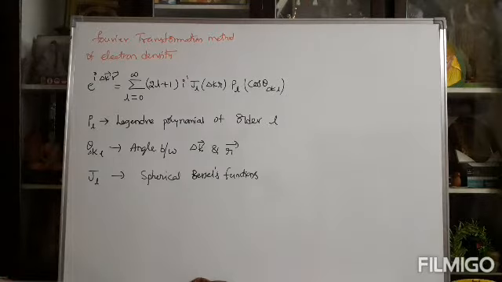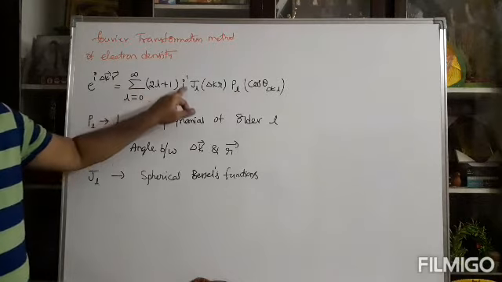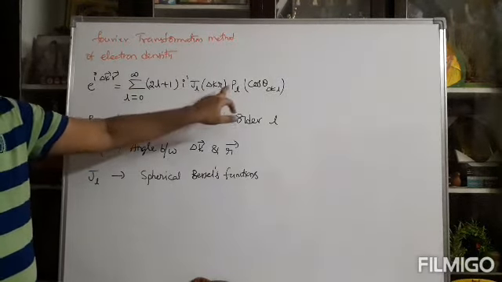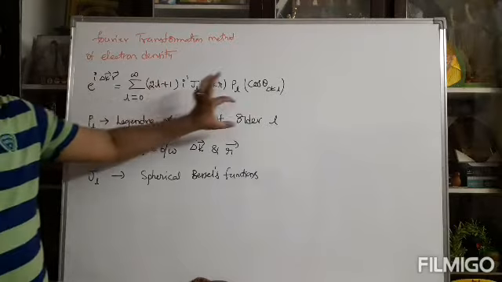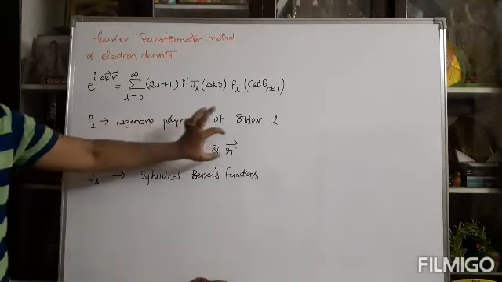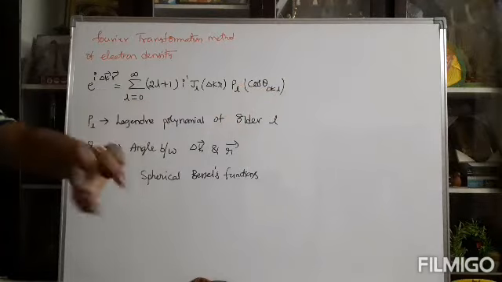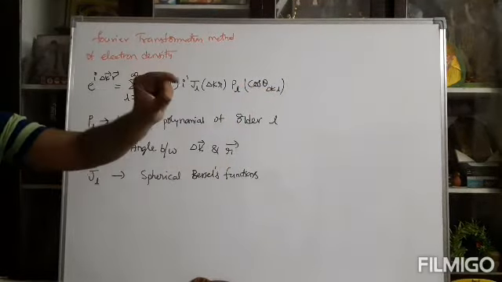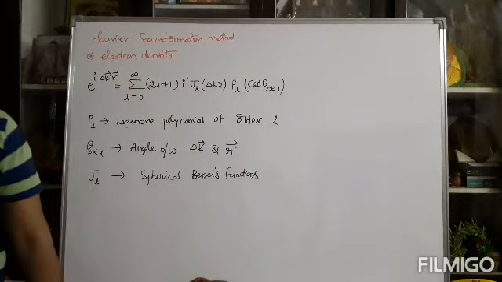Based on this Fourier transformation, exponential of i into delta kr can be represented as the summation of 2l plus 1 into i power l, j l of delta kr, P l of cos theta. Delta k you can already draw in the diagram: the incident ray or diffracted ray, and r is the point at which you measure the X-rays, the two angles.